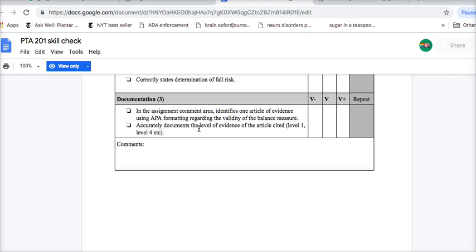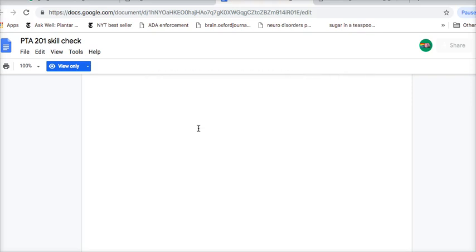In 205 lab, and certainly when you've had other courses, you've seen this pyramid of evidence that is a hierarchy. The higher levels of evidence, towards the top, would be a level 1, and the lower levels of evidence would be more like a 5, 6, etc. All right, I think that's enough for now.